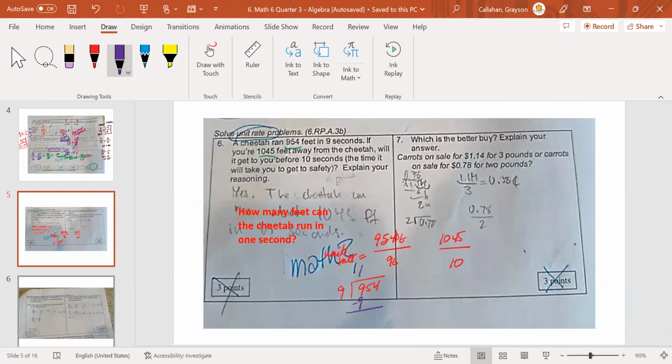So when I divide this, 9 times 1 is 9. Bring down the 5, bring down the 4. 9 times 6 is 54, right? So how many feet can the cheetah run in 1 second? 16 feet.